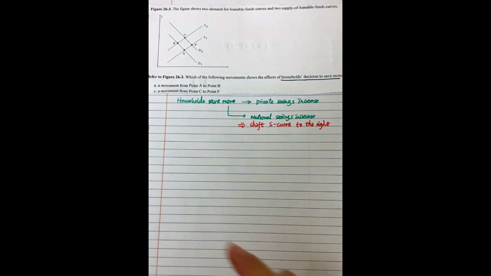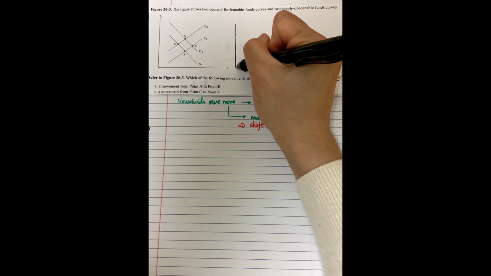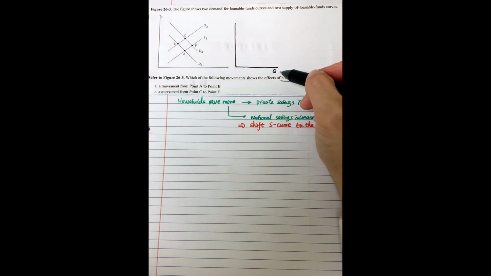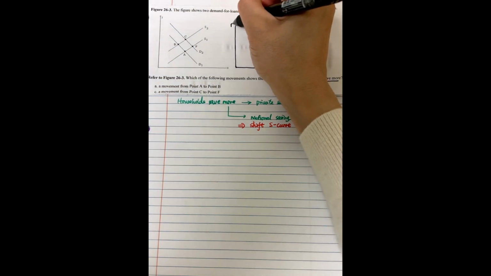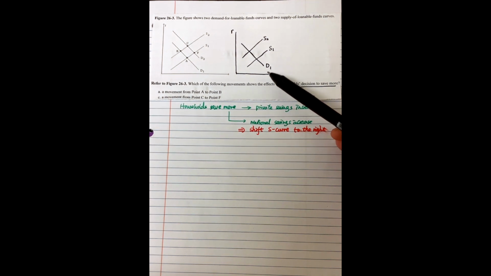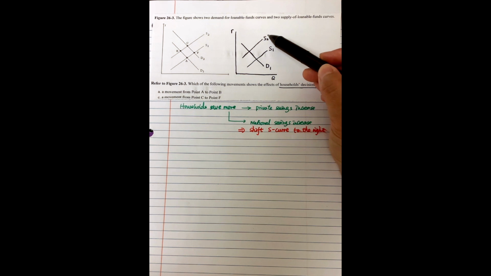So let's look at this graph. I will just draw another graph here. I will put the loanable funds quantity here, and then there will be our real interest rate. We assume there is only one demand curve, marked as D1, and originally the supply curve is S2.